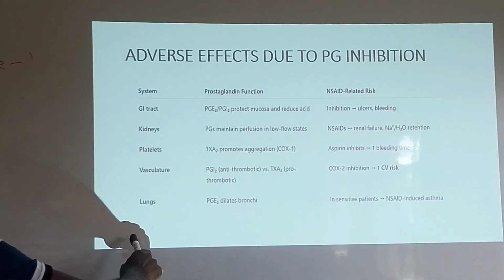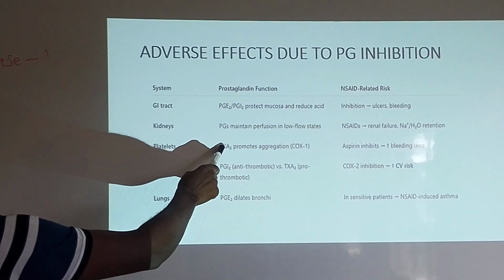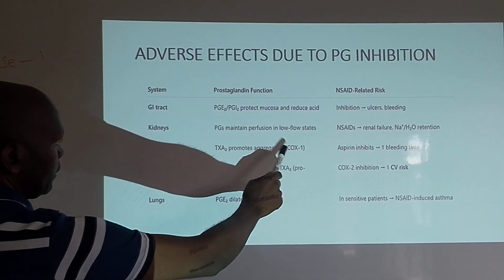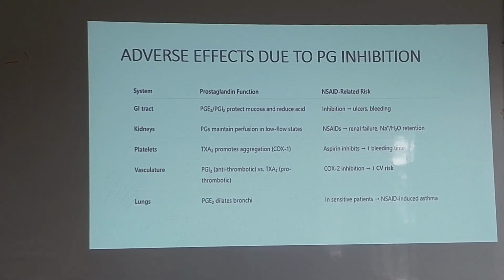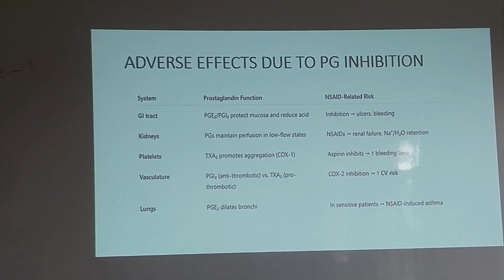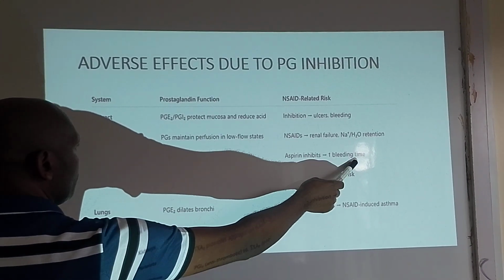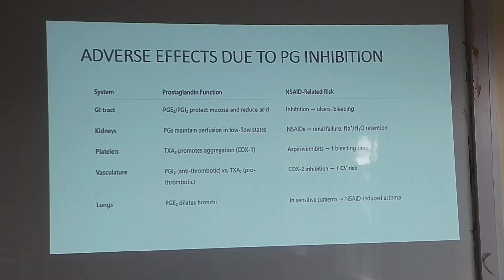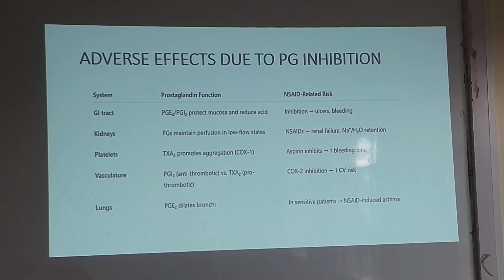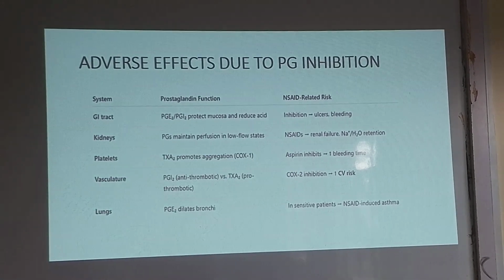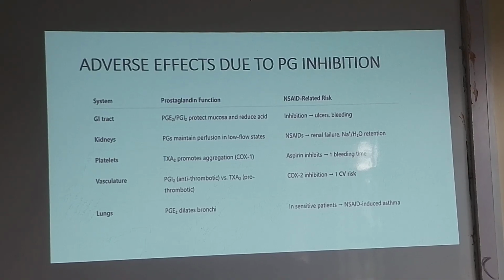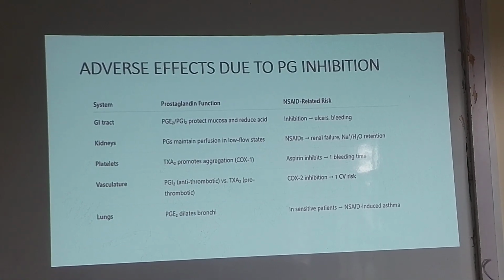The function of prostaglandin in platelets is that thromboxane A2 promotes aggregation, that is, through the COX-1 pathway. Therefore, when you inhibit this function, the patient has increased risk of bleeding. And that is why in patients who have high risks of bleeding, you are not supposed to use these NSAIDs.